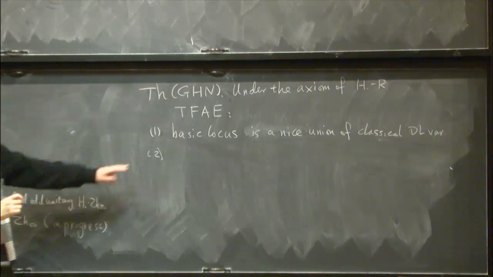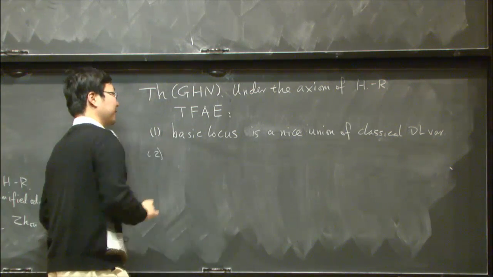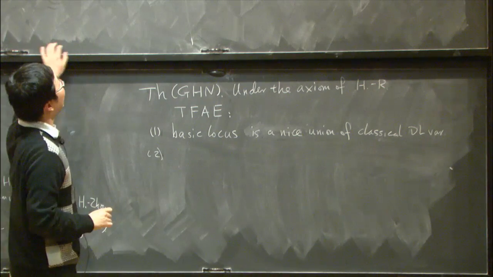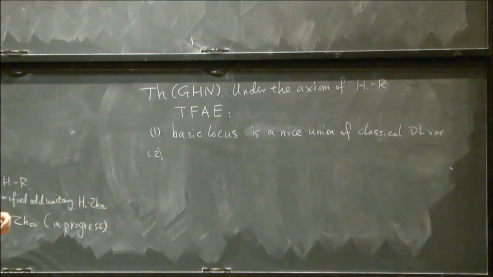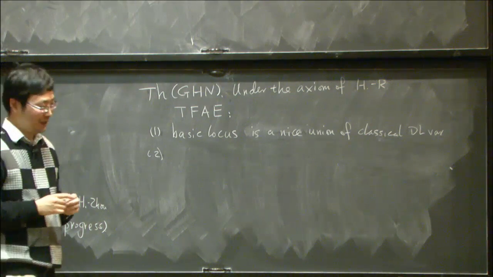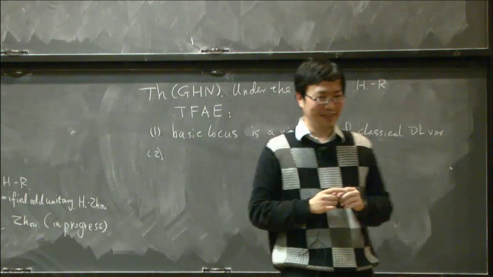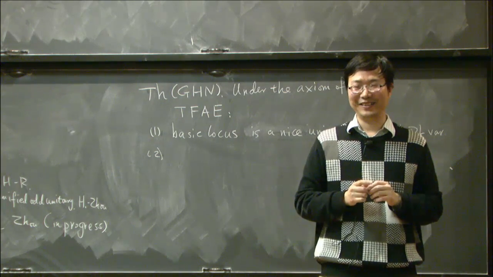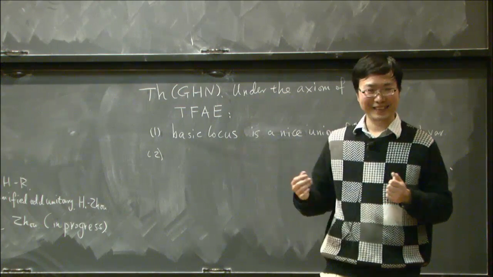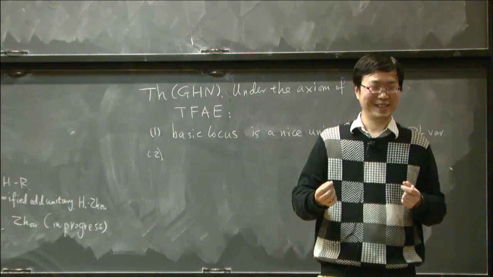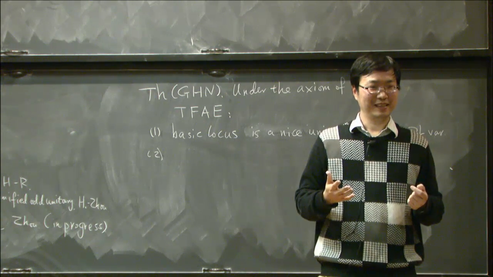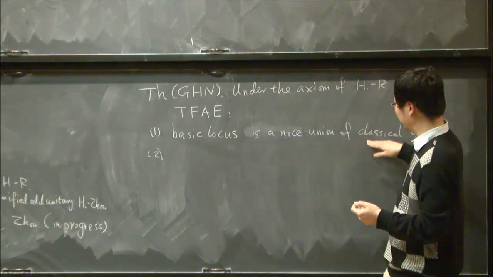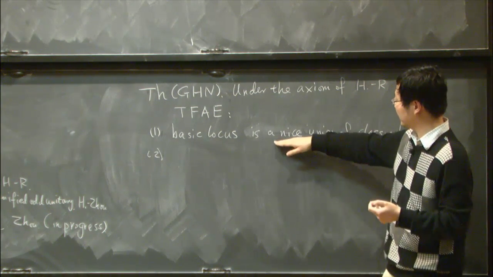Second, well, this is about the basic locus. What happens to the other Newton strata? Nice. Naively, you can think about any scheme as the union of points. But this is not what we want. And in fact, we have another way to reformulate this.